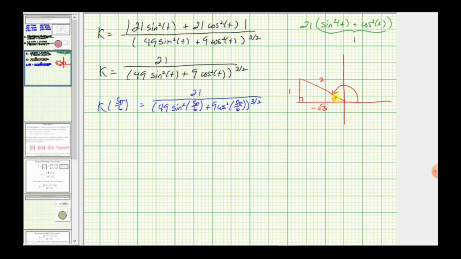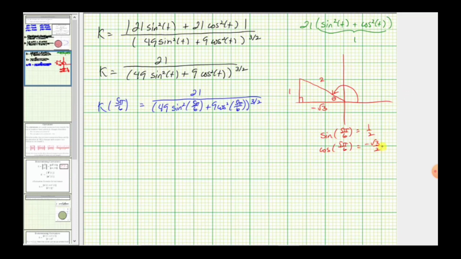So using the reference angle theta, we can determine sine 5 pi over 6 and cosine 5 pi over 6. Sine is equal to the ratio of the opposite side to the hypotenuse, which is 1/2. Cosine is equal to the ratio of the adjacent side to the hypotenuse, which is negative square root 3 over 2.